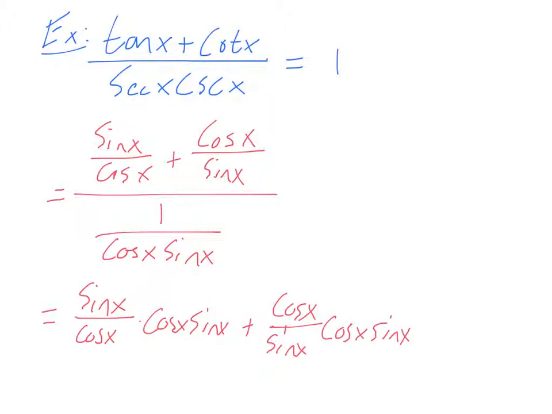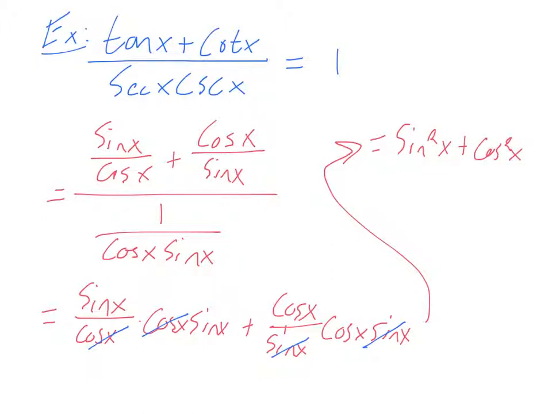And we see what's going to happen here is the cosine x's cancel, and then we're left with sine x times sine x. The sine x's cancel, and we're left with cosine x times cosine x. So this will end up equaling sine squared x plus cosine squared x, which by the Pythagorean identity is just equal to 1. And so at that point, we've proven the identity there.